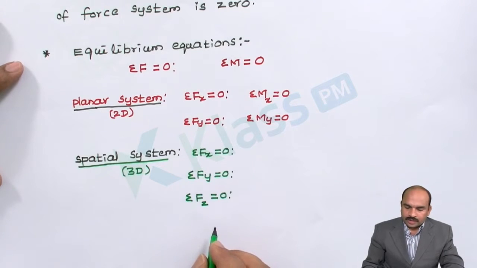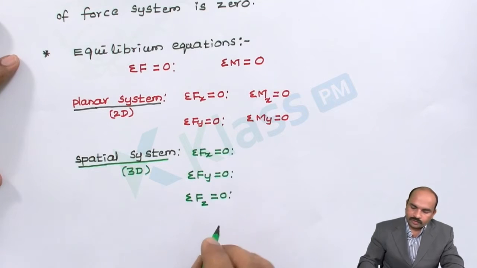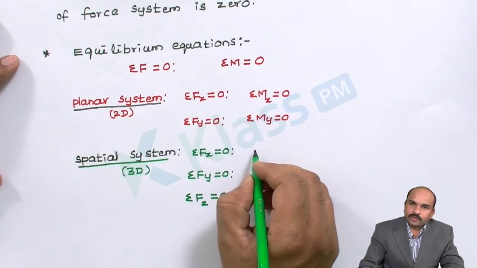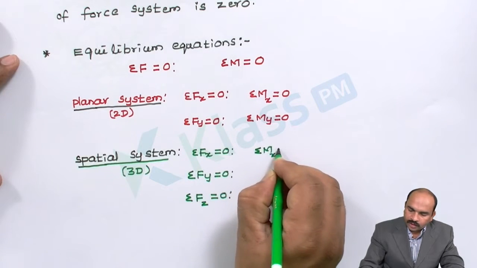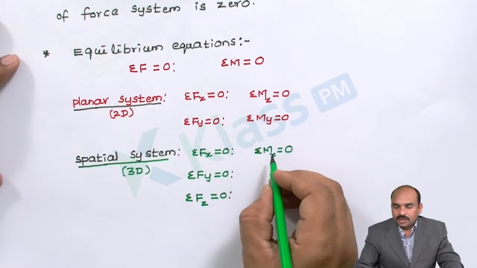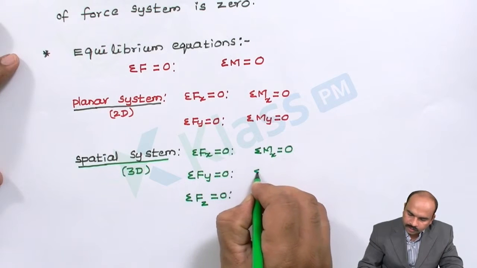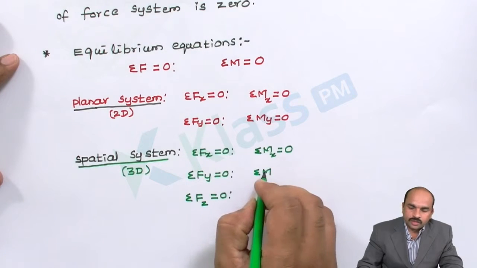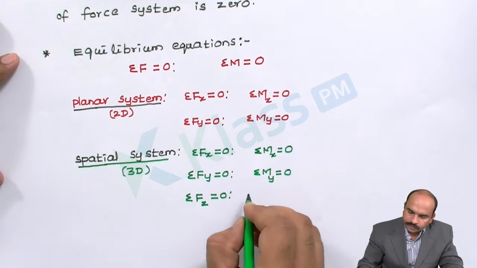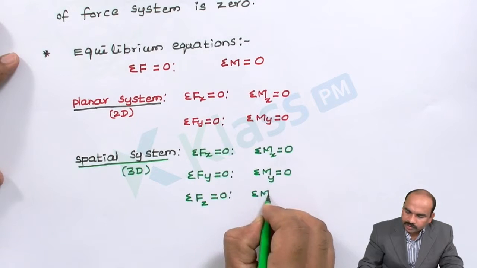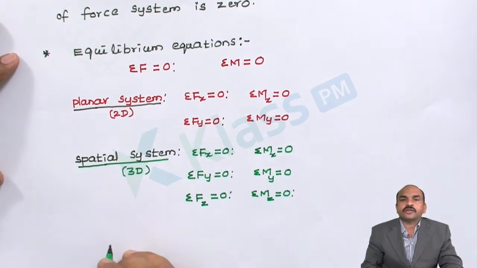Now the corresponding moments will also be 0 because sum of force equal to 0. So sigma Mx equal to 0, sum of all the moments about y-axis 0, and the third equation about z-axis, sum of all the moments about z-axis 0.